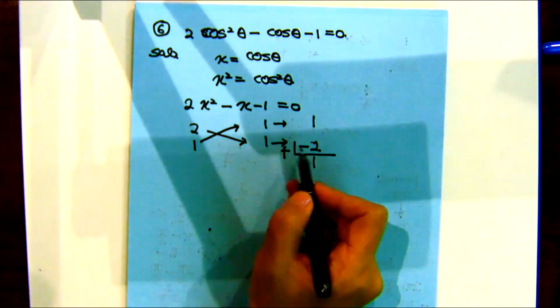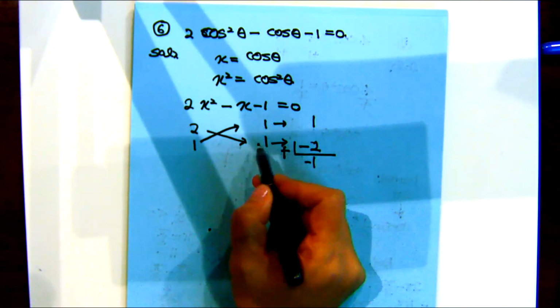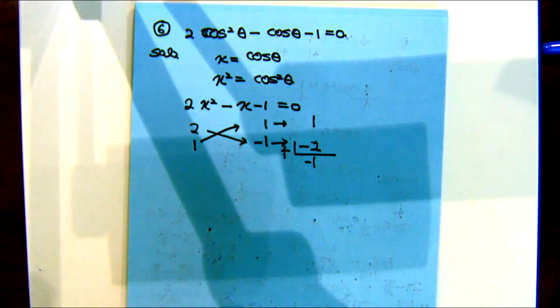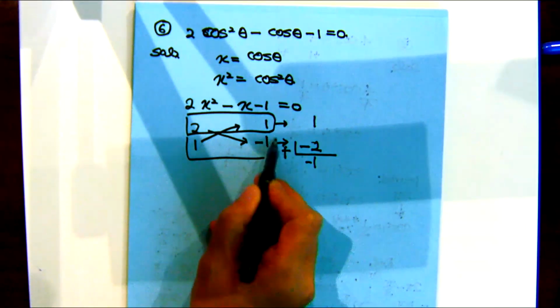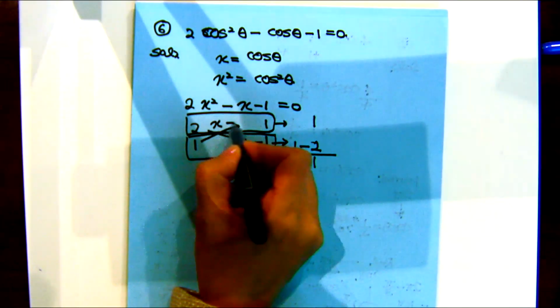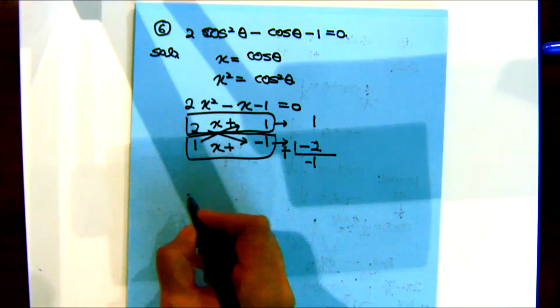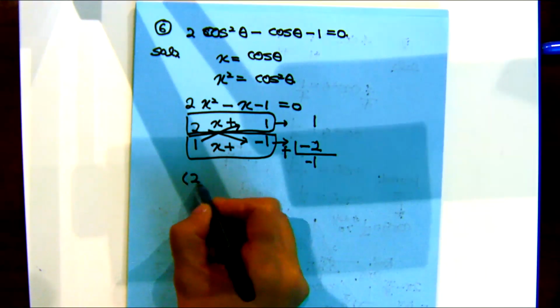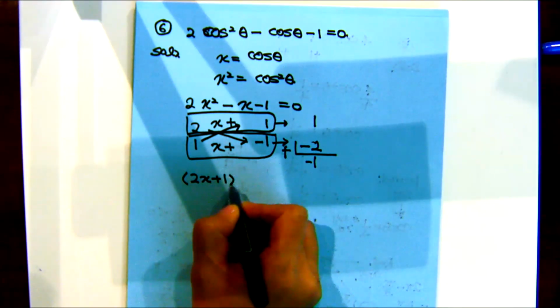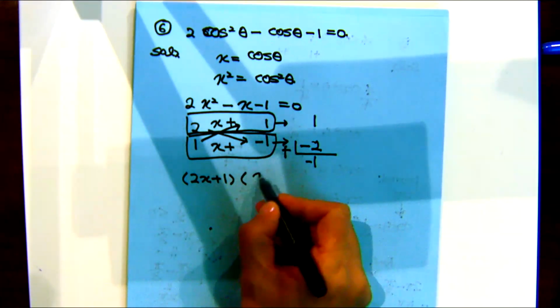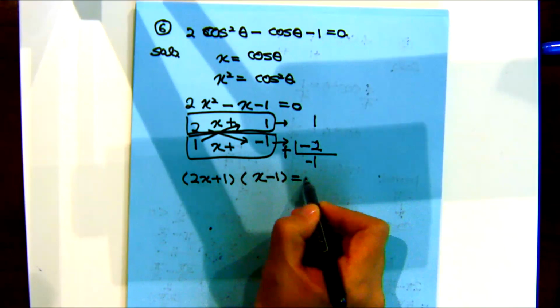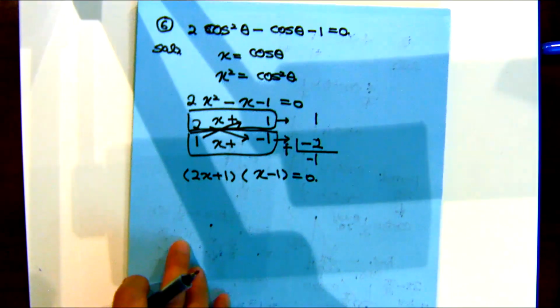And then I would transfer that negative sign here. And then I will make 2 boxes like this and connect like this. And then the factoring is finalized. So 2x plus 1 times x minus 1 equals 0.